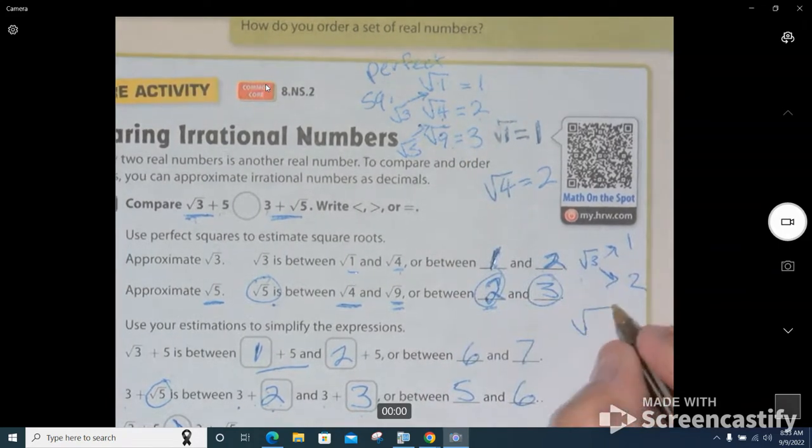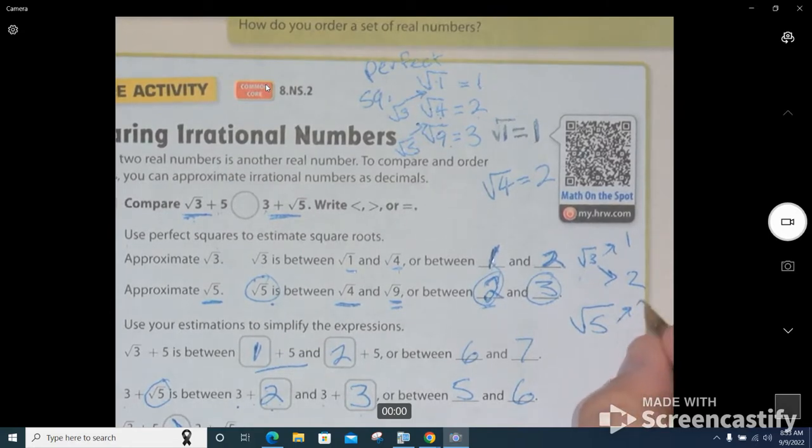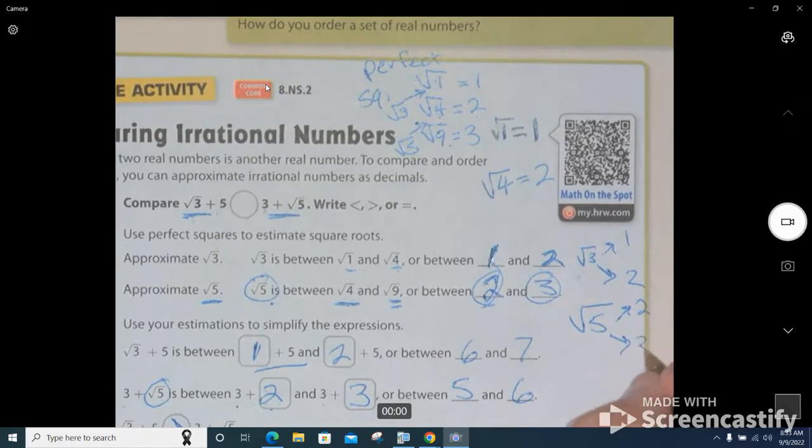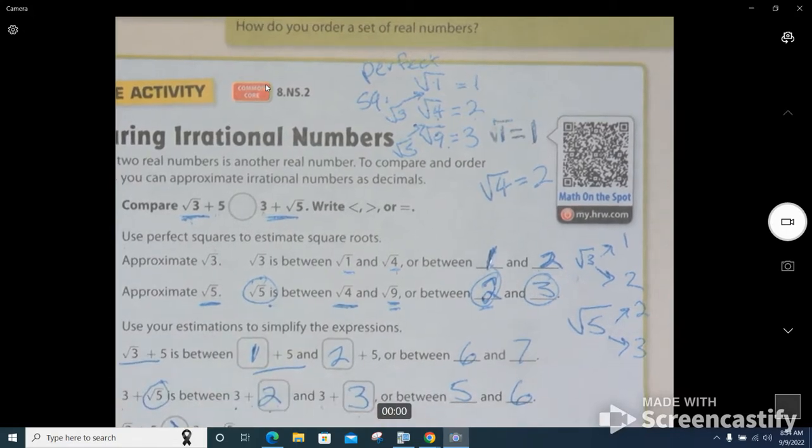So the square root of 5 lives between 2 and 3. Okay? So now that we have a guess about where these numbers live, we need to approximate what the square root of 3 plus 5 is and what the square root of 5 plus 3 is.